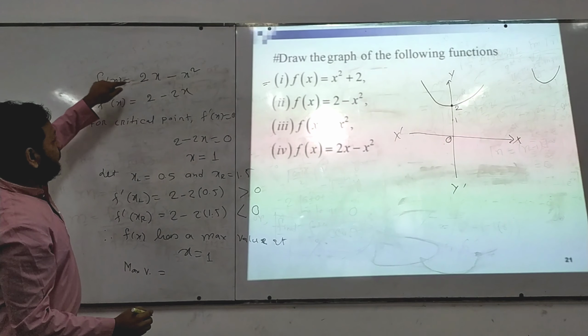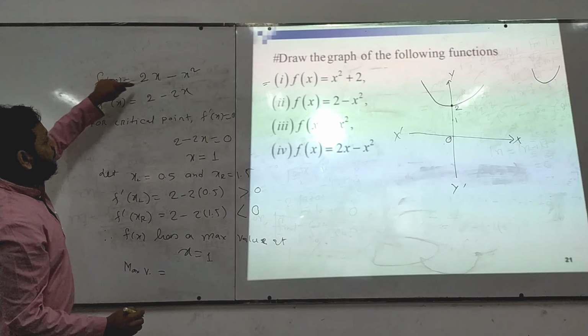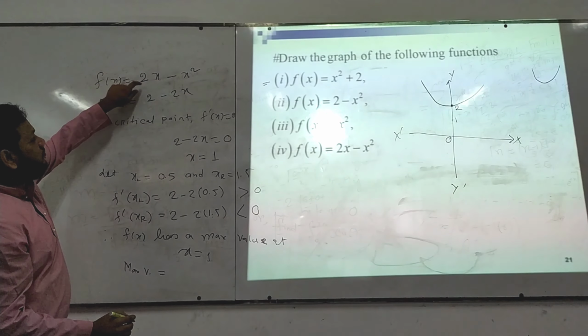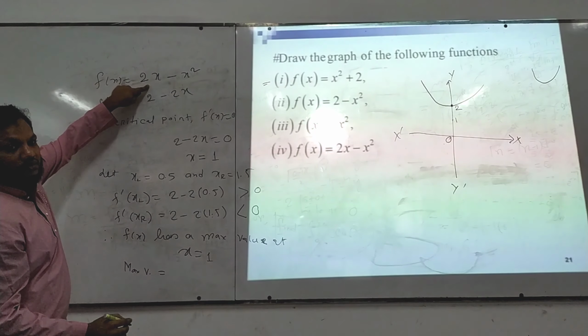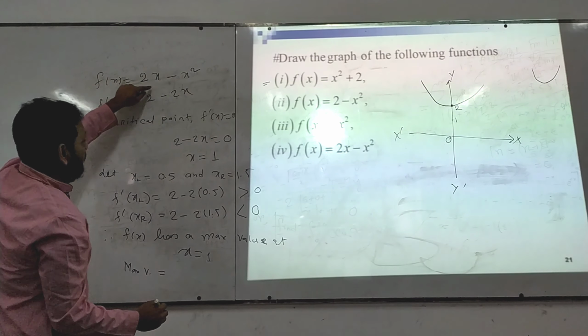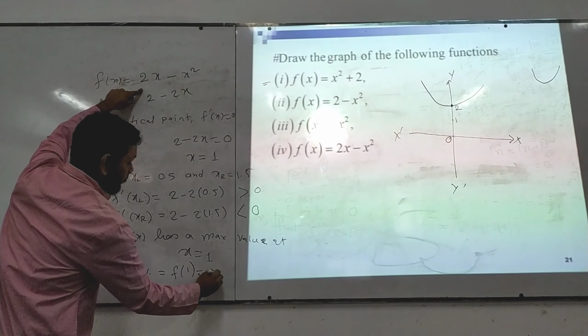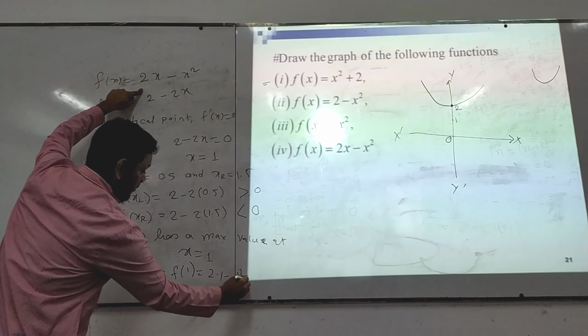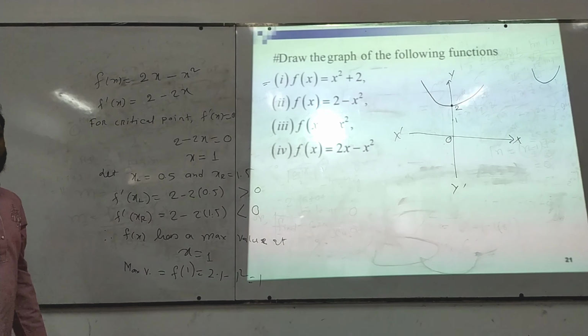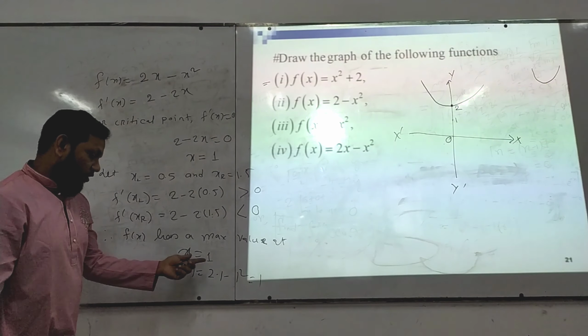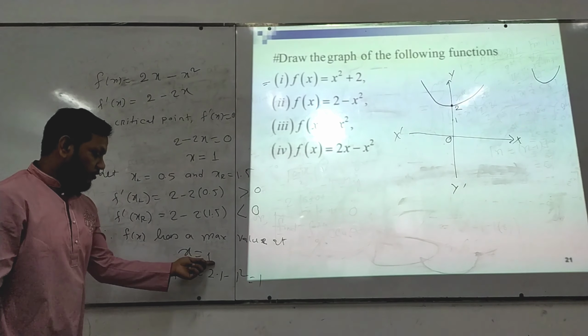Put here the value 1. F of 1 is 2 times 1 minus 1 square, which is 1. Max value is 1. And the value at the point is also 1.